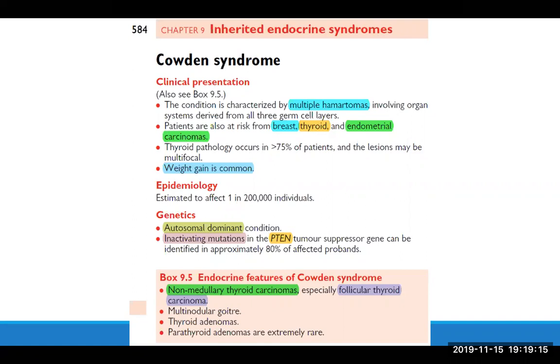Thyroid features include non-medullary thyroid carcinoma, follicular or papillary, but most of them are follicular thyroid carcinoma. Other thyroid involvement includes multinodular goiter, thyroid adenoma, and rarely parathyroid adenoma.